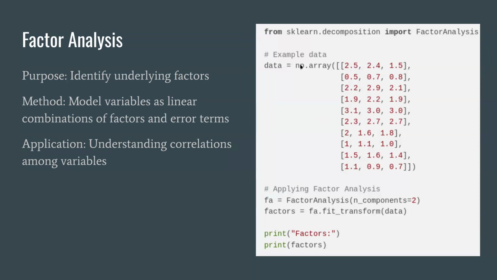Once we have the data initialized, we can initialize the factor analysis class. And then similar to principal component analysis we saw, we can specify that we want to reduce our data to 2 factors. So we will pass the n_components parameter and set that value to 2.